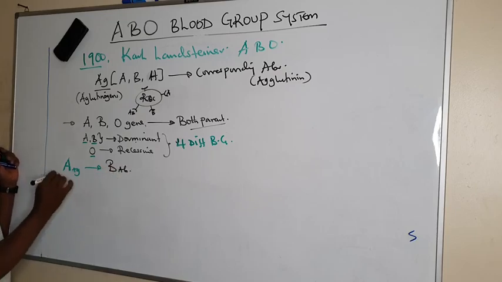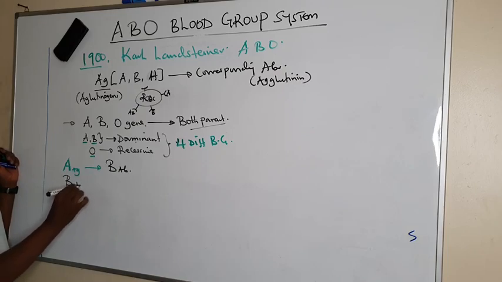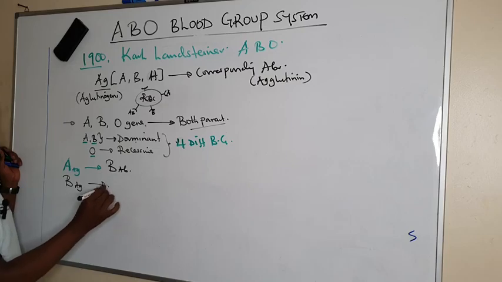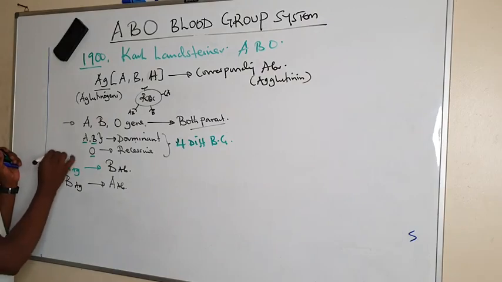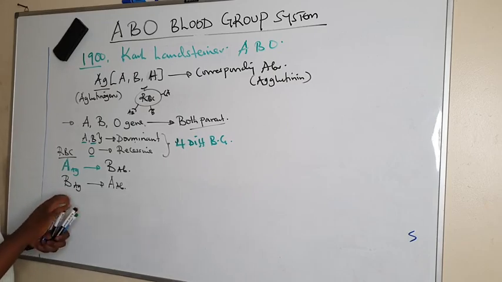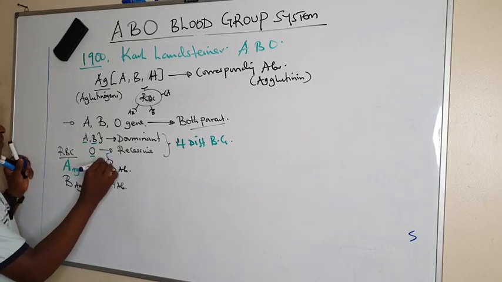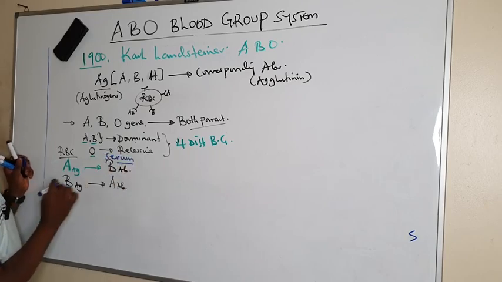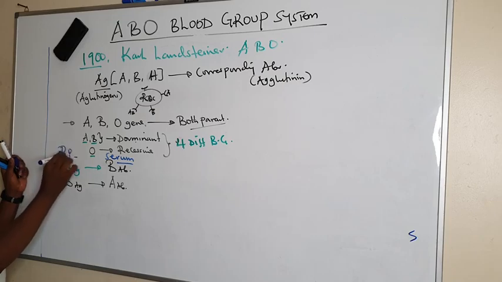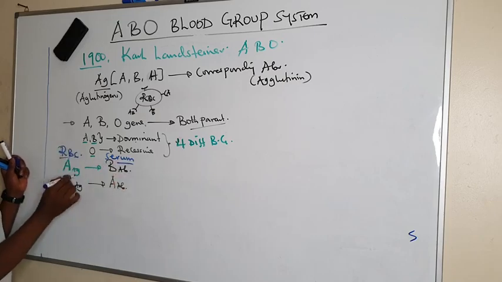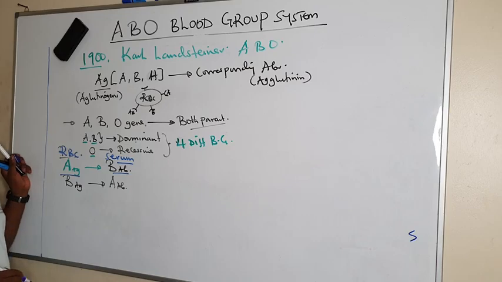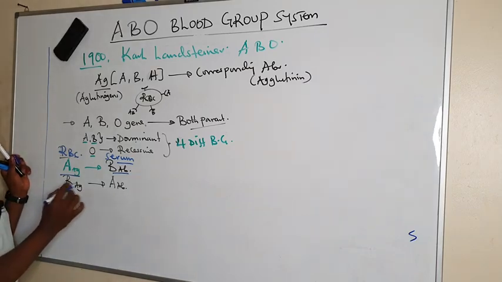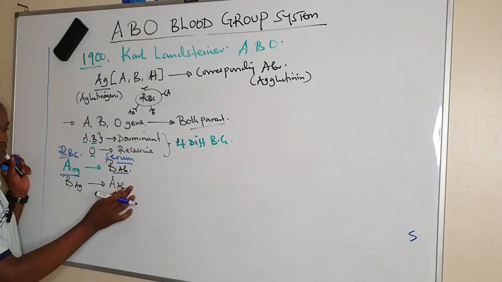Then if someone's RBCs express B antigen, they have A antibodies in the serum. This is on the surface of red cells, and this is in the serum. So if on the red cell there is antigen A, in the serum we find antibody B. If you have B antigen, in the serum we find A antibody.